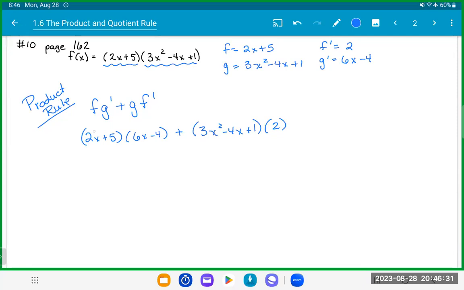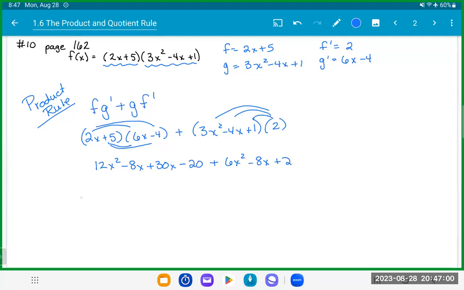So let's go ahead and do FOIL to get this problem simplified. We end up with 12x squared minus 8x plus 30x minus 20. Let's distribute this 2 to all 3 pieces here. So that's plus 6x squared minus 8x plus 2.